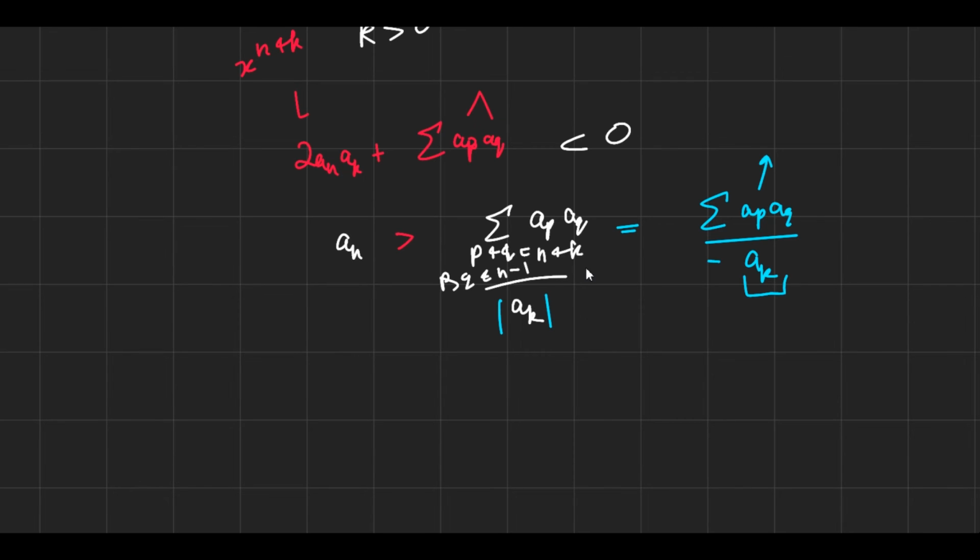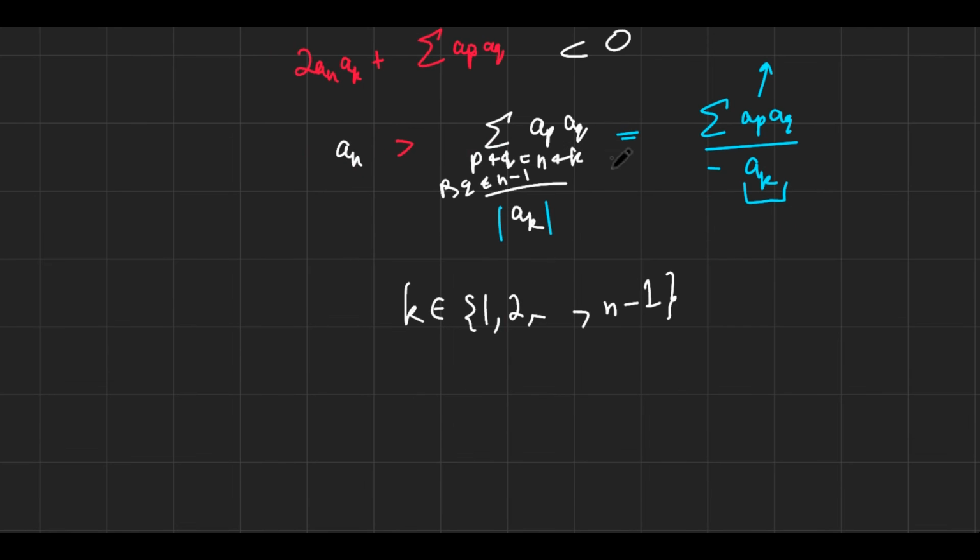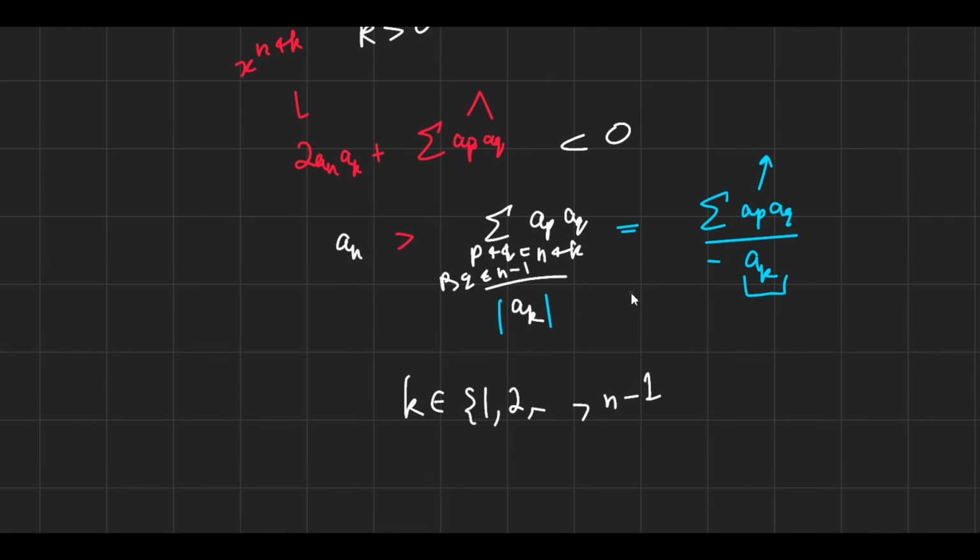So this is for k in 1, 2, up to n minus 1. Not k equals 0, because k equals 0 is not the case where we can make it negative, because that's x to the n. So we have it from 1 to n minus 1. We have n minus 1 equations like these.